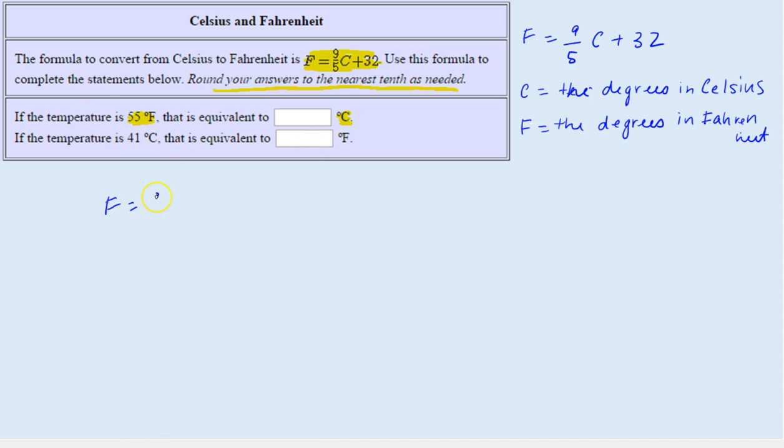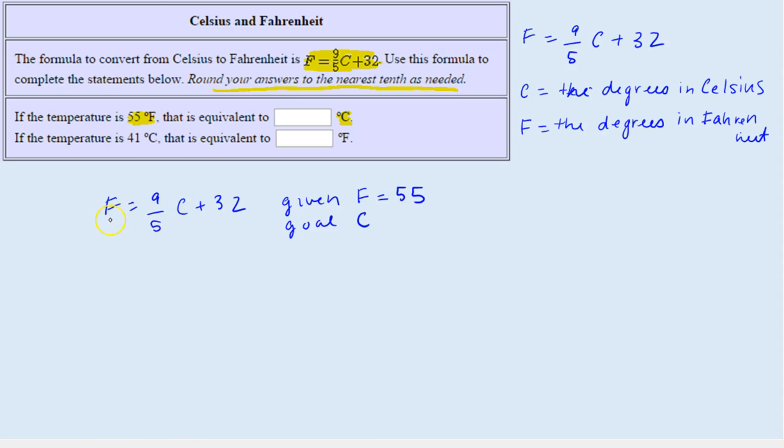F equals 9/5 C plus 32. And let's write that we're given the Fahrenheit value of 55. And we are trying to find the corresponding Celsius temperature. So we're given this and we're trying to find this.